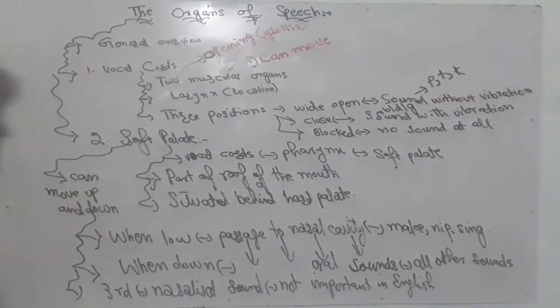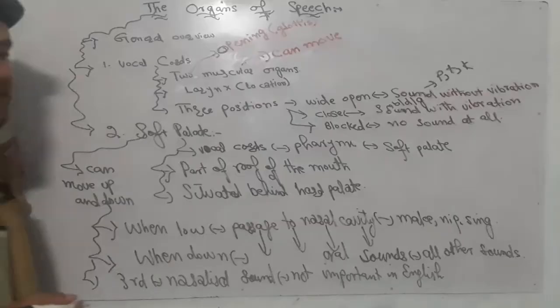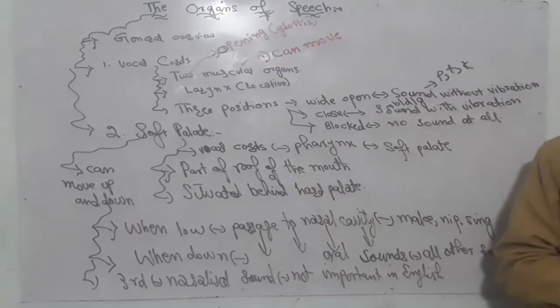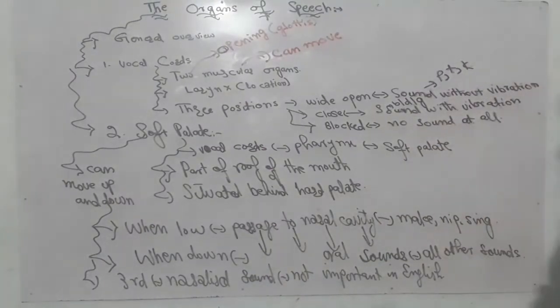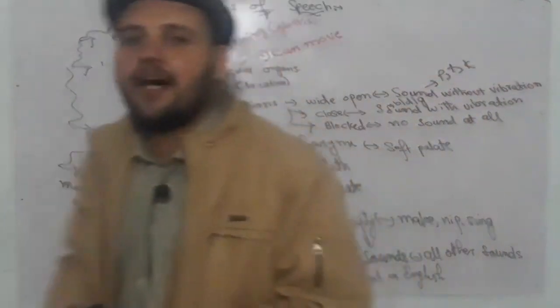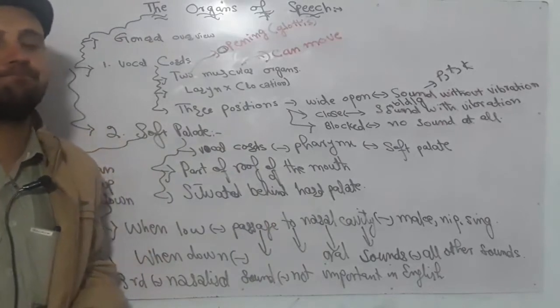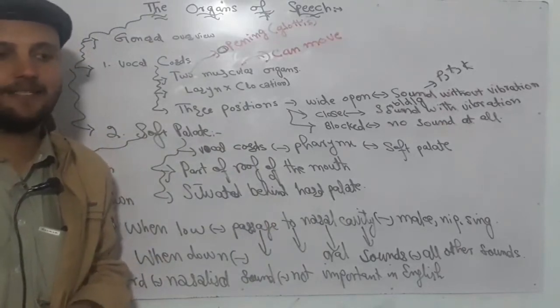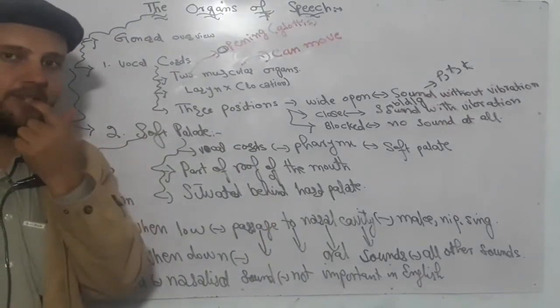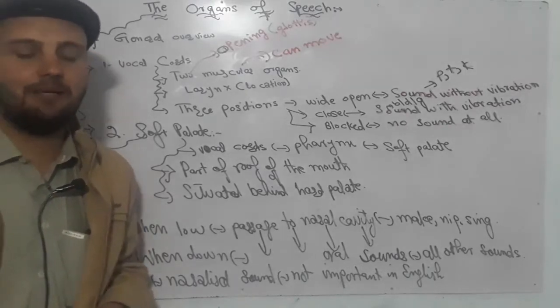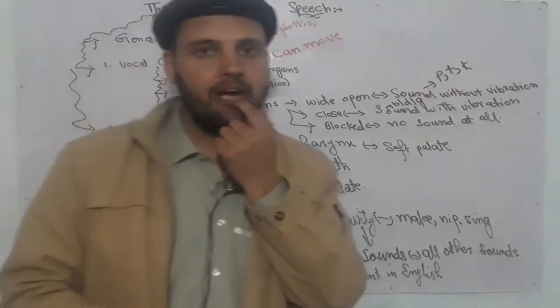So my first topic today is the organs of speech, or shortly we call it speech organs. We know that without speech organs, phonetics and phonology means nothing. If I do not talk about my teeth, I can't pronounce the fa sound.